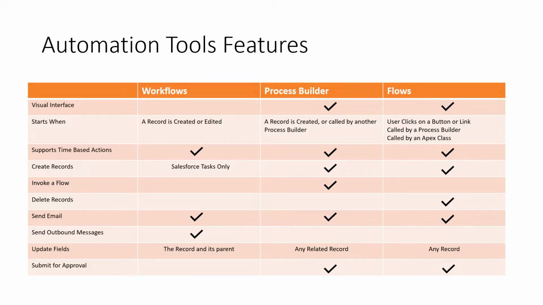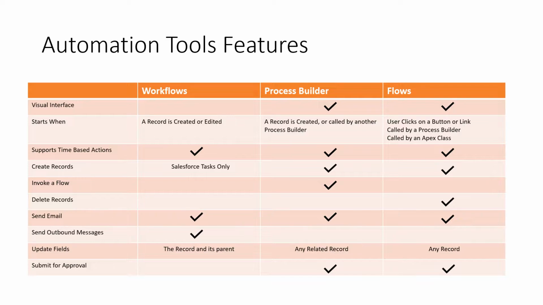They just have a couple of slides and wizards to go from step 1 to step 3 and create a workflow. But flows and process builders, on the other hand, and you will see it later, have a totally enhanced UI and a very good visual interface, so you can create an automation system very simply.